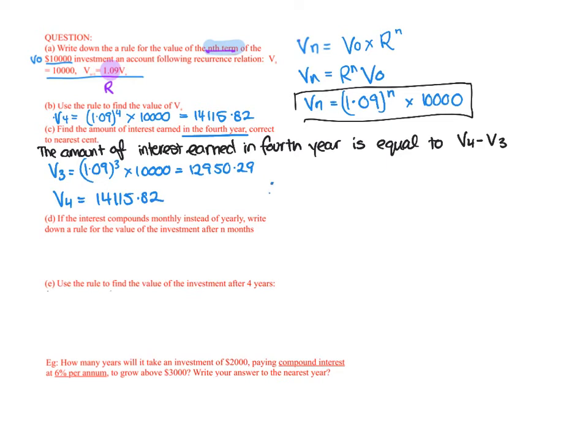So we could say, therefore, 14115.82 minus 12950.29 equals 1165.53. So that was V4 minus V3. So here's the interest earned in the fourth year.